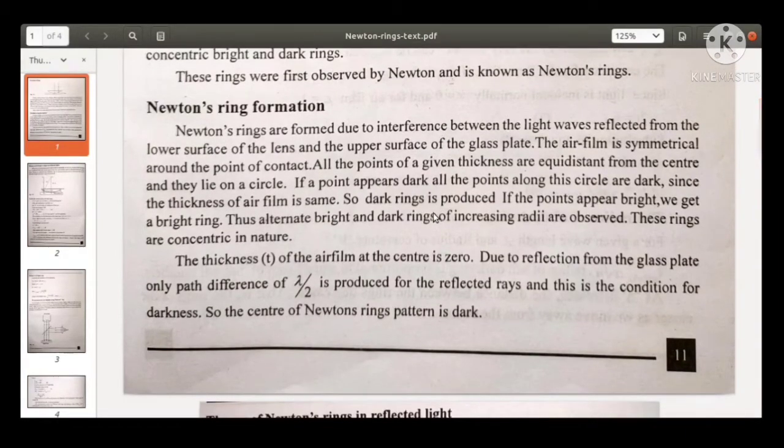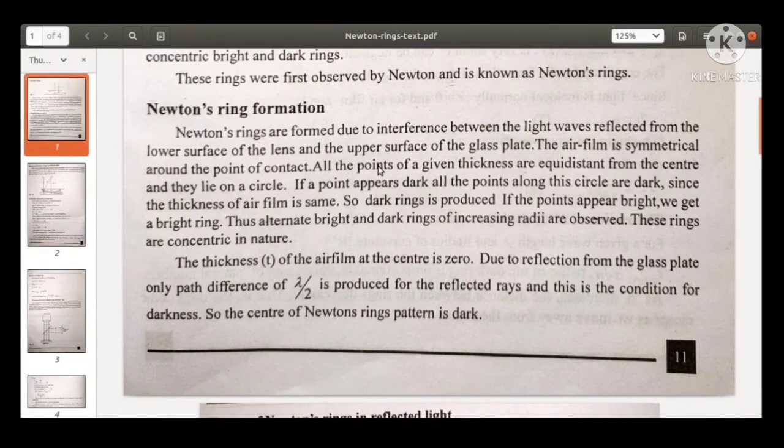Okay, so Newton's rings are formed due to interference between the light waves reflected from the lower surface of the lens and the upper surface of the glass plate. The air film is symmetrical around the point of contact. All the points of a given thickness are equidistant from the center and they lie on a circle.